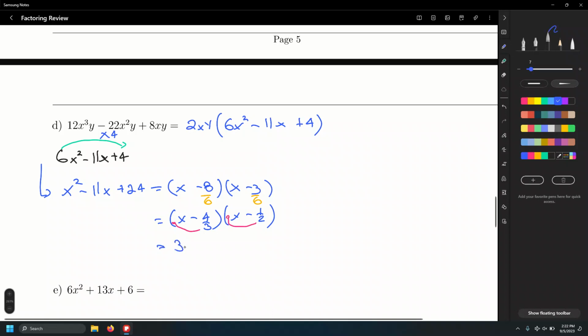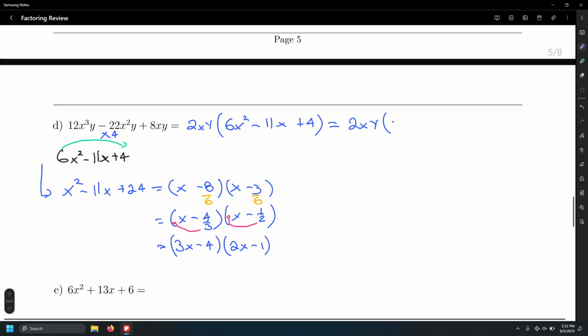That equals 3x minus 4 times 2x minus 1, which I think is the same result we got before, but again, this was part of a bigger problem. To go back, it's 2xy times 3x minus 4 times 2x minus 1.